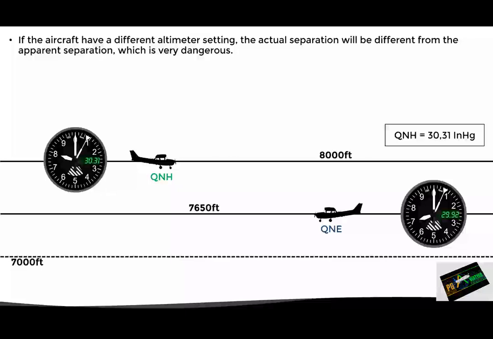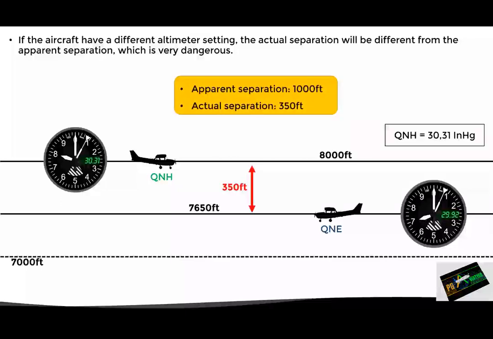However, since both altimeters are measuring the altitude in relation to different pressure levels, the actual separation is different. In this particular case, the aircraft using QNE would be flying at an actual altitude of 7,650 feet, despite the indication of its altimeter of 7,000 feet. Therefore, in this situation the actual separation is only 350 feet, which represents a risk of collision.